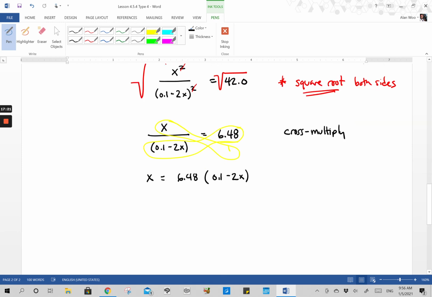Okay. So now we can simplify this. We're going to distribute the 6.48.